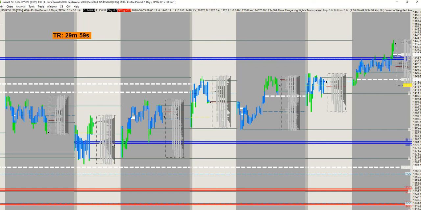Honestly, I don't like that. I would not like that as a seller. And opening above and then basically rejecting, okay, this is a very small low volume node here, but you see we rejected that low volume node again.